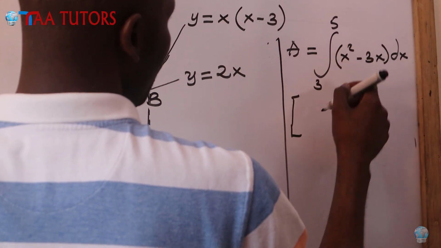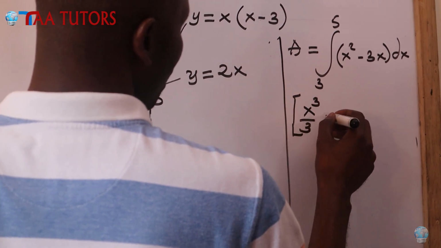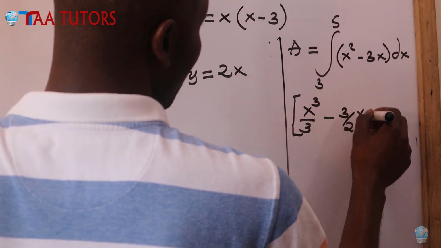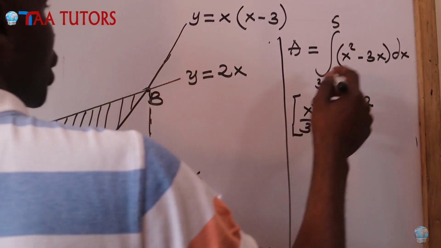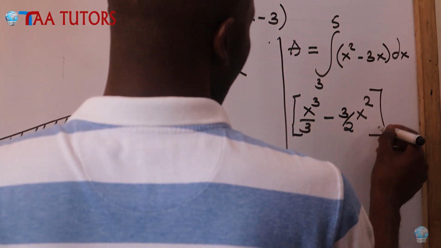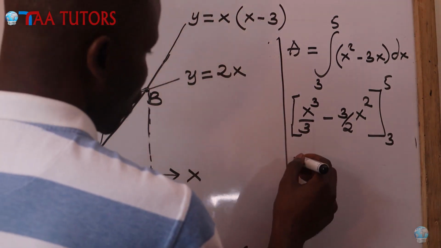If I integrate this one, it will be x cubed over 3 minus 3 over 2 x squared, because x is 1, plus 1 over 2 here. If I do that, from 3 to 5, the first thing is I substitute.